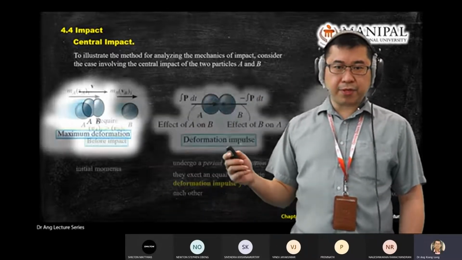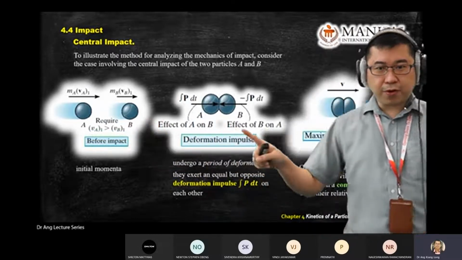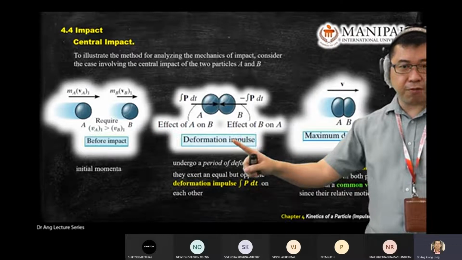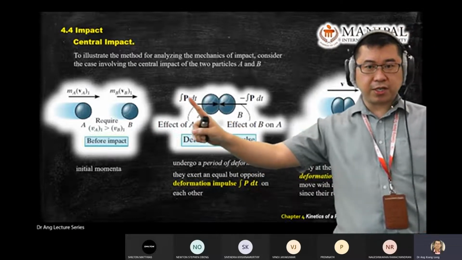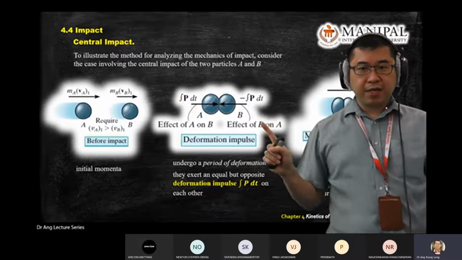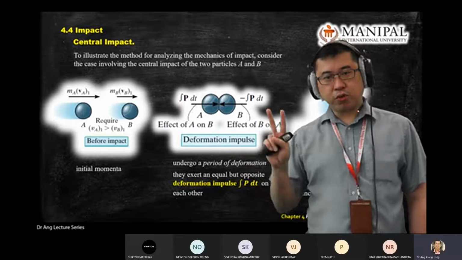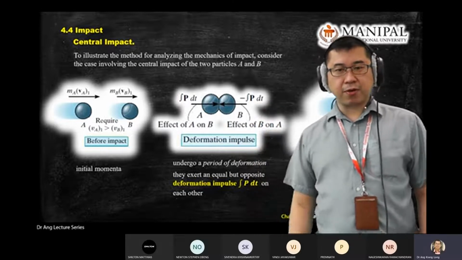What happened before this one? We use P here. Before the maximum deformation, we use the integration of P dt, still force, but we want to separate the deformation impulse and the restitution impulse. There are two different impulses here. Take note in your handouts.